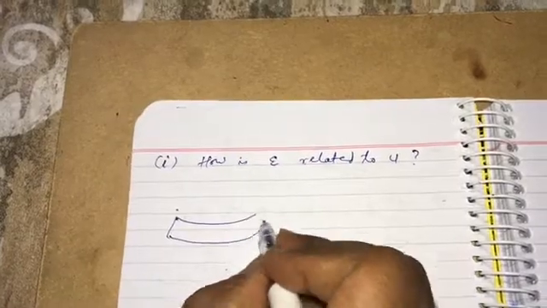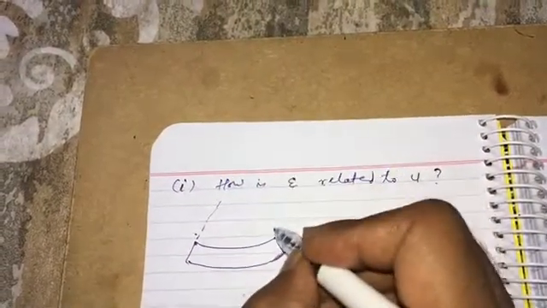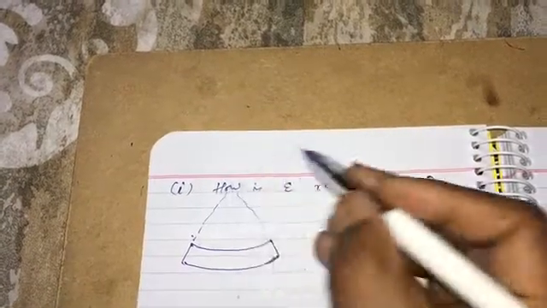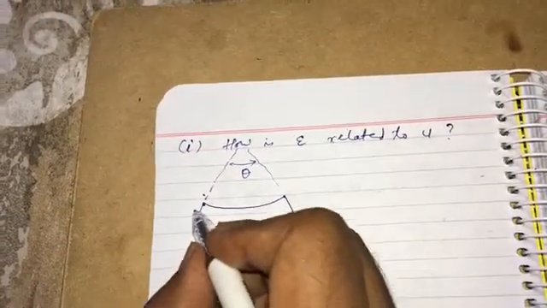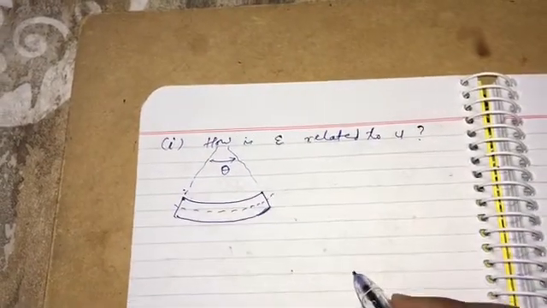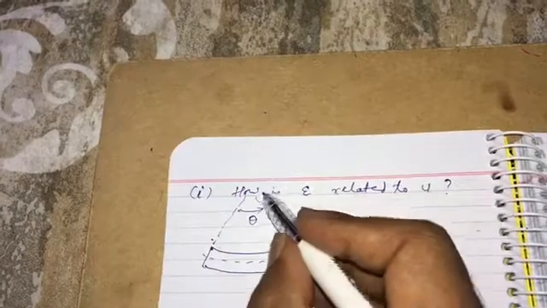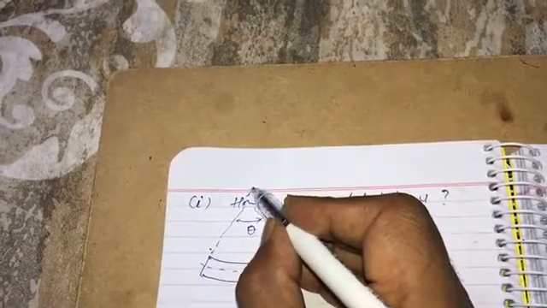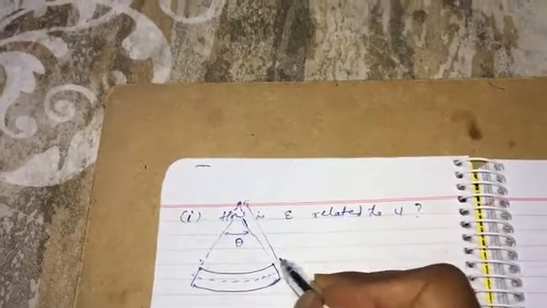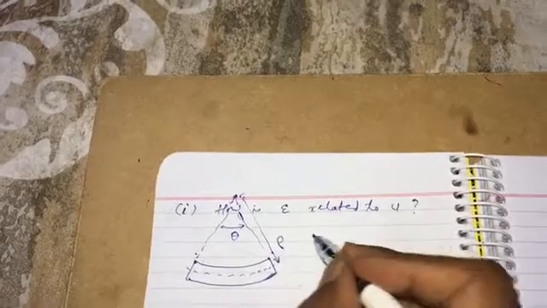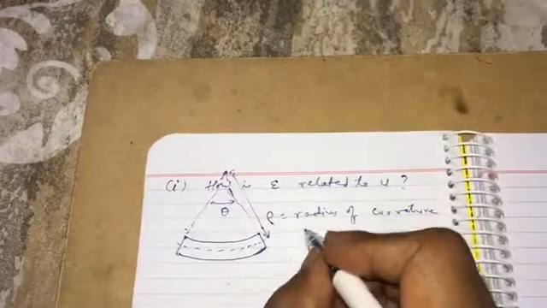If this is a beam under pure bending, and you extend here, it will move somewhere, and let us say this is the angle theta. If this is the neutral axis, the center is somewhere here. The distance from the center to here will be, let's call it rho. This is the radius of curvature for the neutral axis.